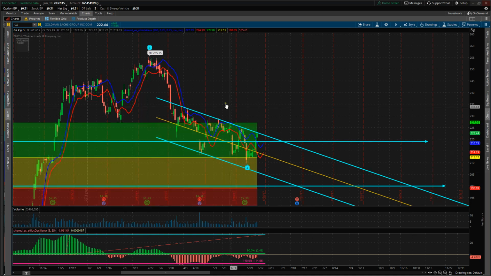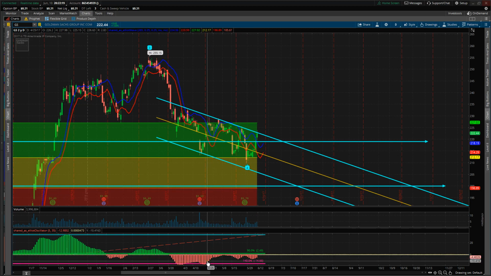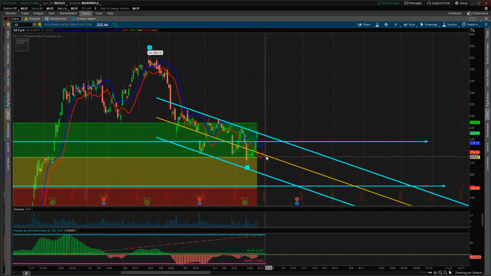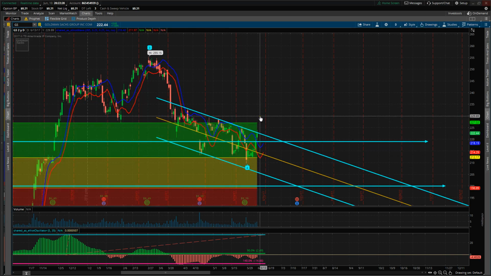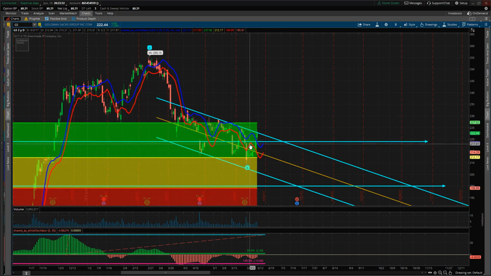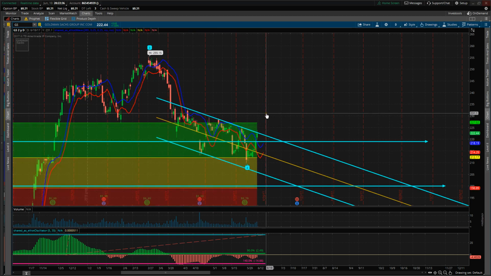We have got a simple wave 2, we've got a very complex wave 4, but the 535 has broken the rules. However, if this now comes out of this channel and gets above 230, we can say that this small bearish move is over. That wave 4 support has held, and we've got a wave 5 on, and we're going to go back up to this sort of level again. Okay?